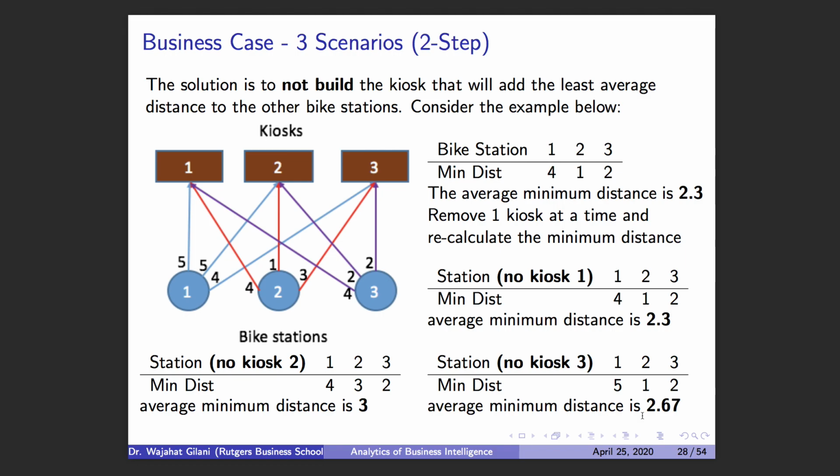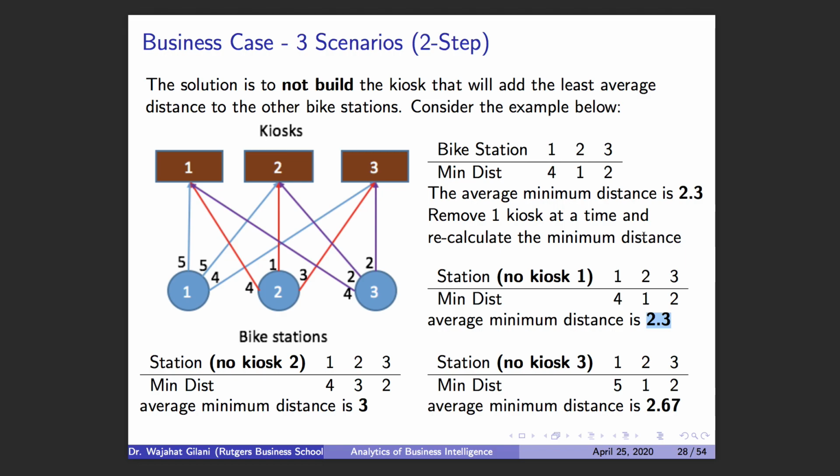All right? Now, which kiosk, if we don't build it, will have the least effect? The least increase to the average minimum distance? It's kiosk 1. In fact, not building kiosk 1 has no effect on the average minimum distance. In this scenario, you have to ask yourself, do we really need kiosk 1 in the first place?